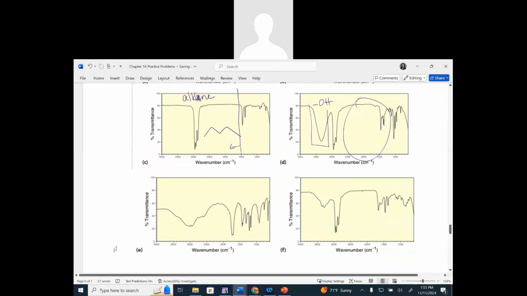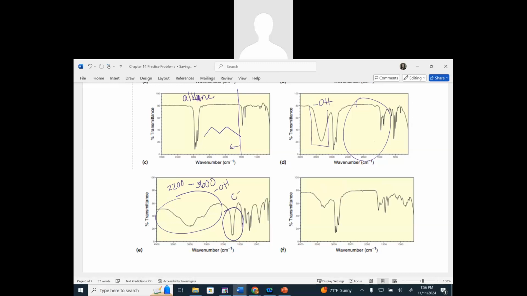Next, we see spectrum E here, and we see this very broad signal, extremely broad. This is between about 2200 all the way up to 3600. This is a characteristic OH stretch for a carboxylic acid. And what we see here is also the C=O carbonyl stretch of a carboxylic acid around 1700.